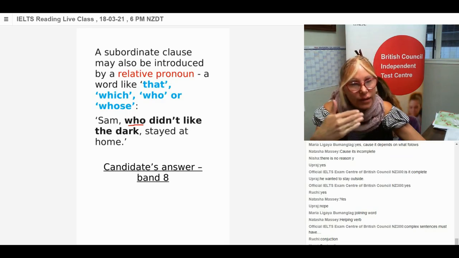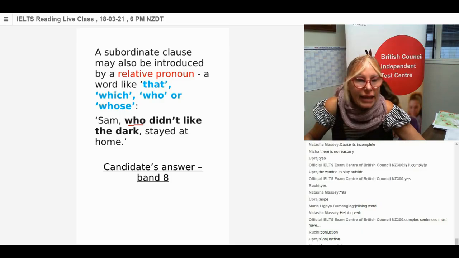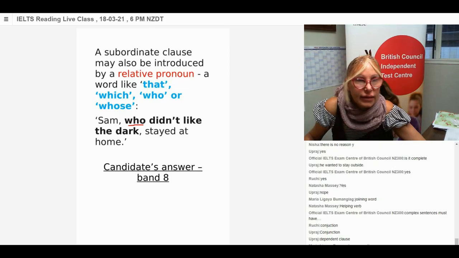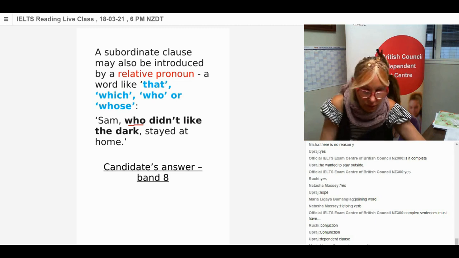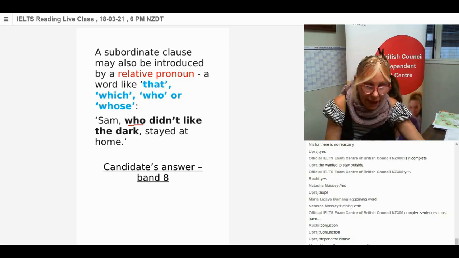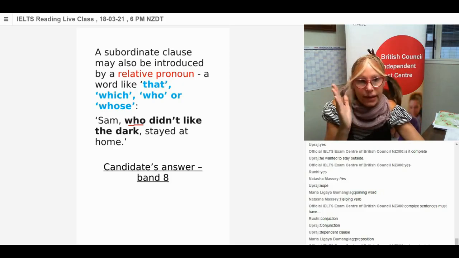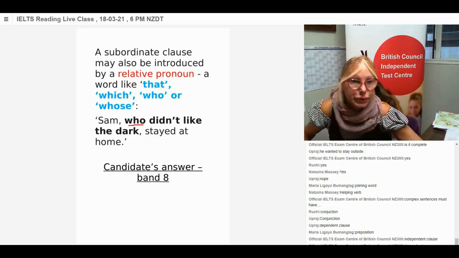So at the beginning I was explaining about dependent and independent. Yes, that's it. Dependent clause and an independent clause. That is the formula for a complex sentence. It's an independent clause and a dependent clause. Don't worry about the conjunctions or the prepositions. That's not what the formula is. The formula is independent plus dependent.